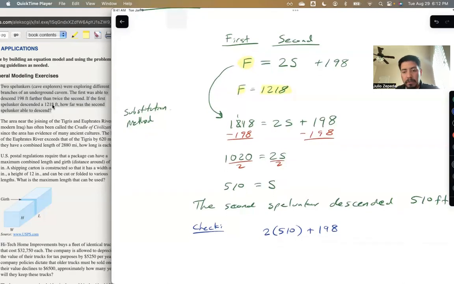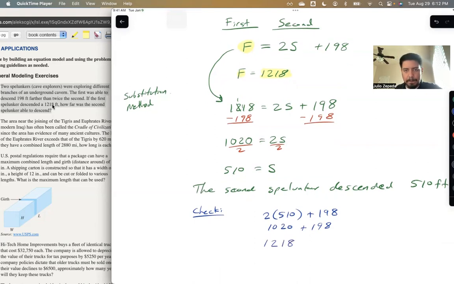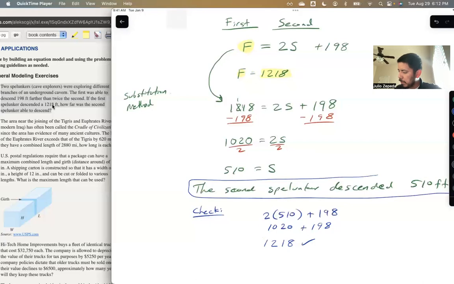So twice 510 is 1020. And if we add 198, that gives us 1218. And that's exactly what was given to us. All right, so that checks out. And that means we can box our answer here. This is correct.